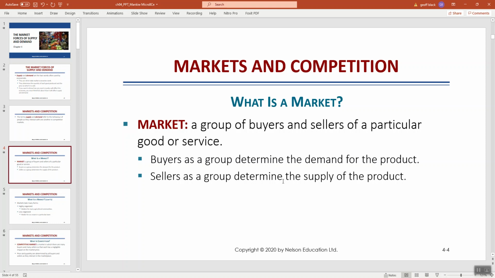If you don't have a lot of sellers, let's say there isn't a group of sellers, this would be what we call a monopoly. So that's not a market anymore, right? It's a monopolistic market where you have one buyer. Or sorry, not one buyer, one seller, right? You could have an oligopoly where it's only a few sellers.